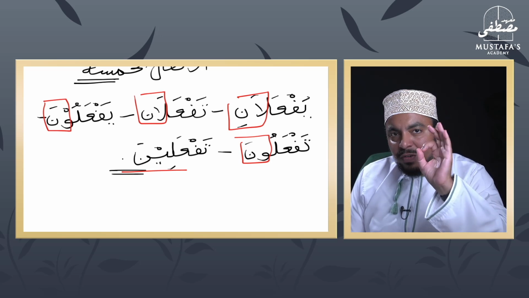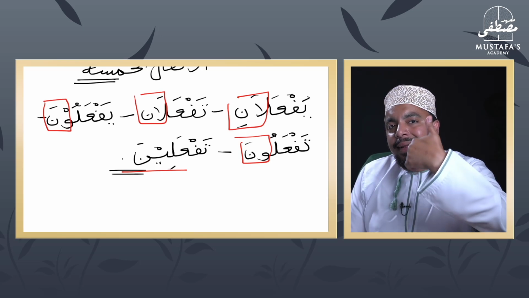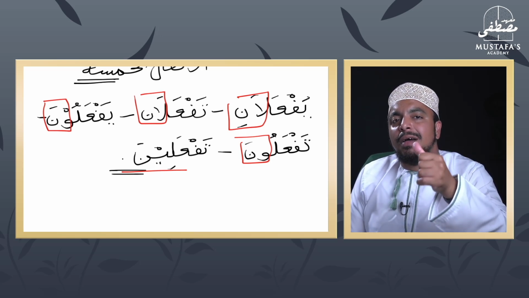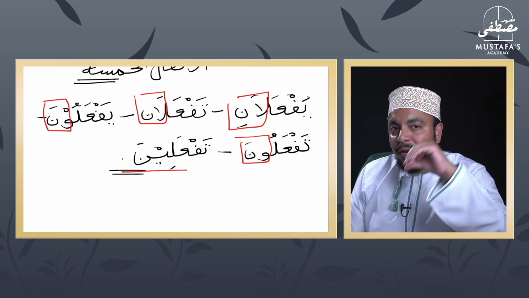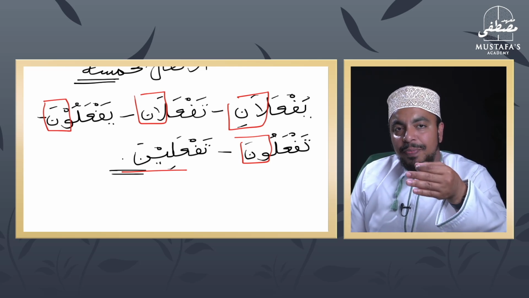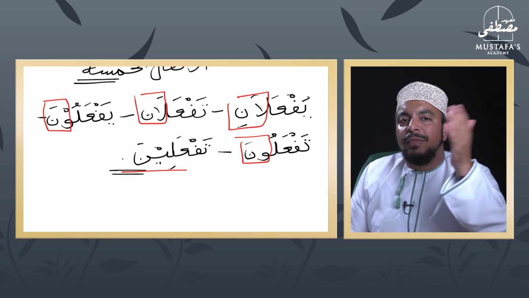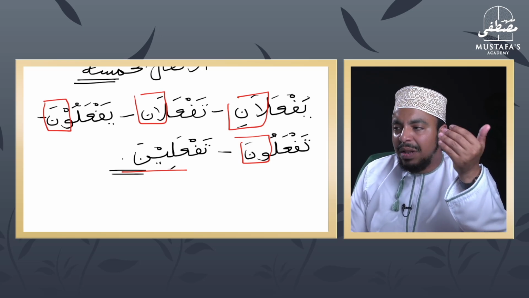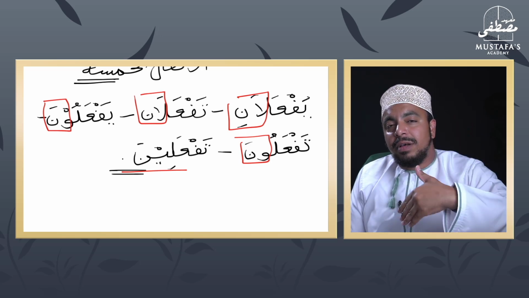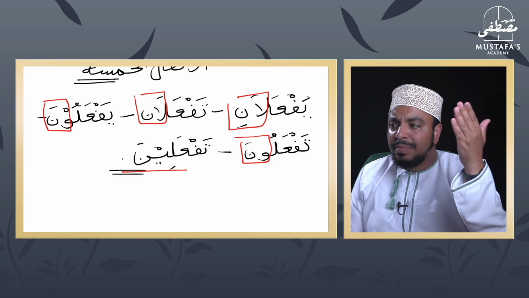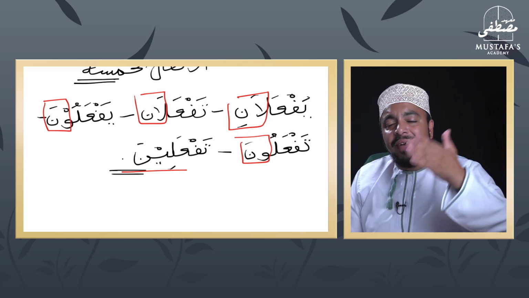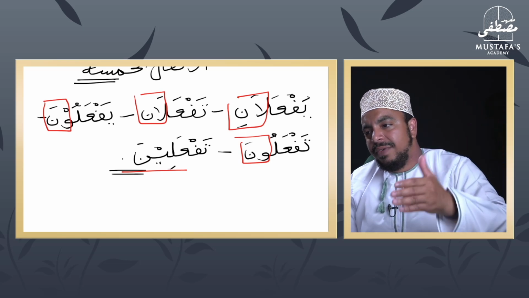Simply, as I can explain to you right now, those are nouns, these are verbs, and these are not single form. These are nouns starting from two on. These are not single form verbs. Afwan. These are verbs starting from two onwards. يفعلان تفعلان يفعلون تفعلون.